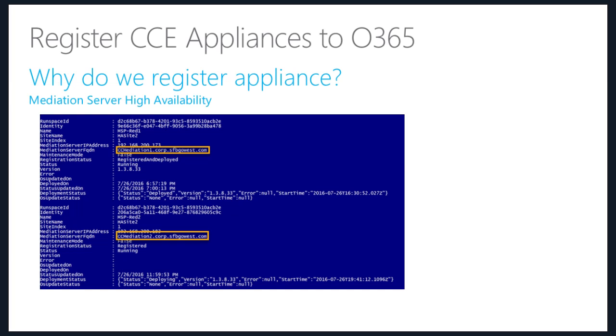When I deploy the topology, I will actually be able to see in the topology both mediation servers, the mediation server that would be on the first appliance that I deploy, as well as the mediation server that would be on the second appliance that I deploy. That means that the Cloud Connector appliances are aware of each other and are then able to route calls appropriately to the various mediation servers, regardless of which particular Cloud Connector appliance is being used.